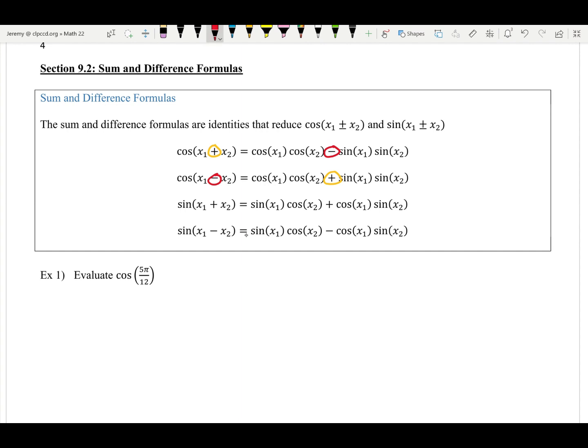And the difference formula for sine looks pretty much the same, but we changed this to subtraction in this one. So for the sine formulas, we alternate sine and cosine, cosine and sine. And if it's a difference right here, it's a difference right here. But if it's addition right here, it's going to be addition right here.